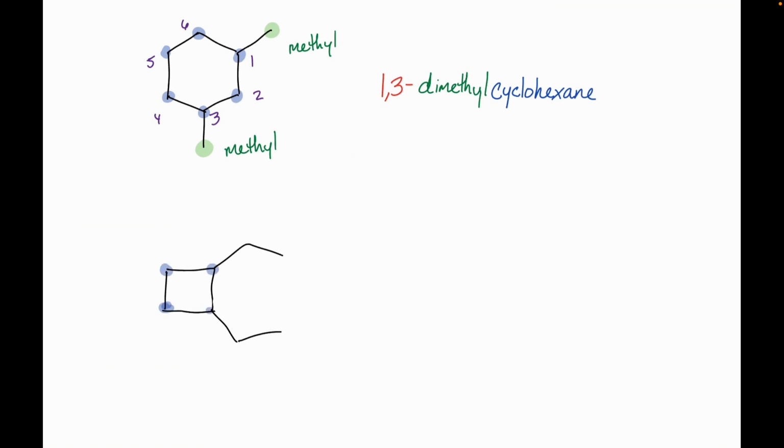The square, the 1, 2, 3, 4, so that would be cyclobutane. These two carbon groups right here would be ethyl groups.